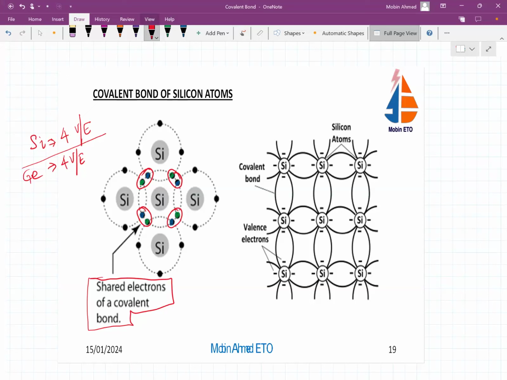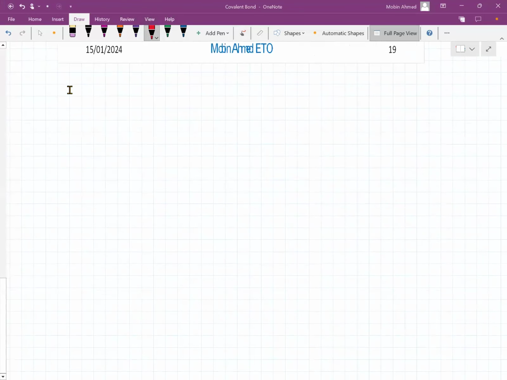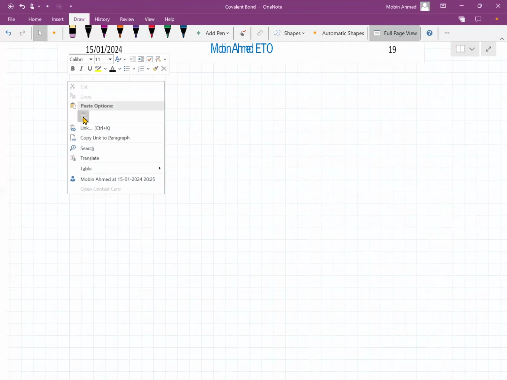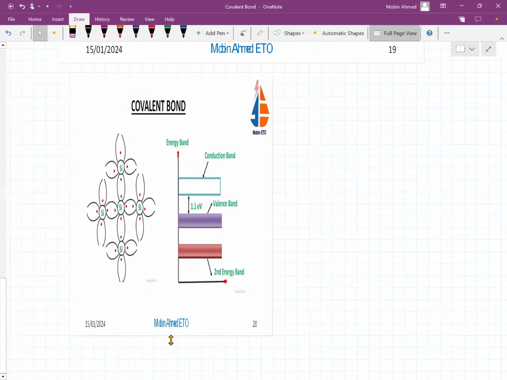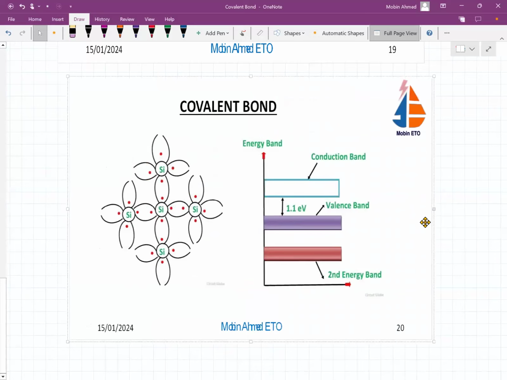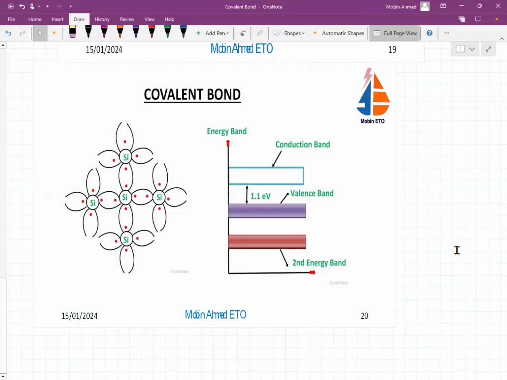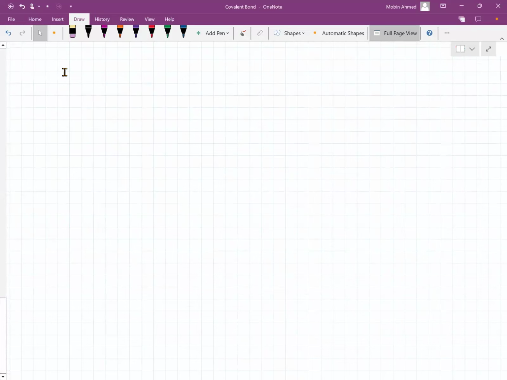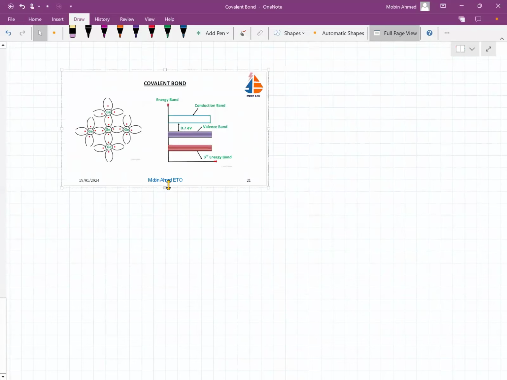If you see the energy band of silicon, again I am putting that one here. So you can see this is the energy band for silicon. So 1.1 eV, that is between the valence band and conduction band. Germanium also has a similar way.